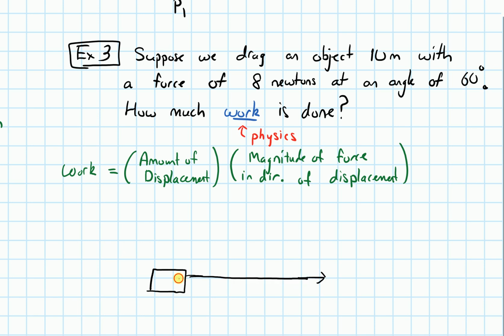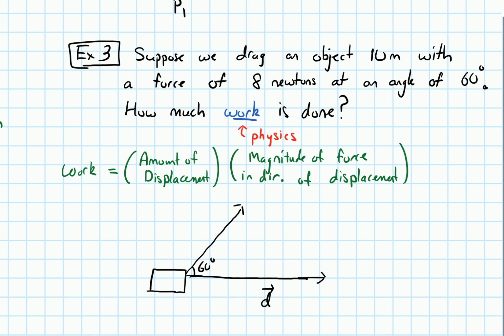Let's say that this vector represents that change in position, or the displacement. I'm going to denote it with the vector d for displacement. And then a force is pulling on this object to cause it to be dragged, and it says that that force occurs at a 60-degree angle.